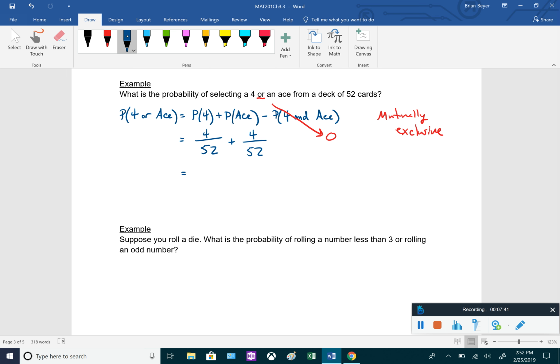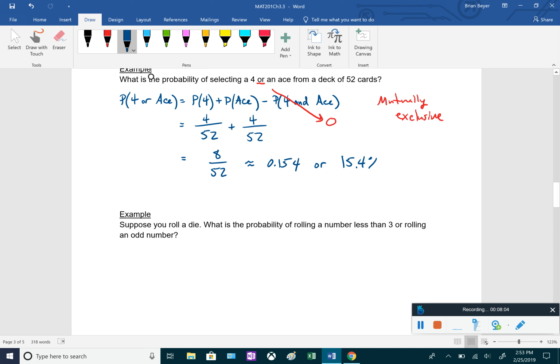Adding 4 over 52 plus 4 over 52, that's 8 over 52, which is about 0.154, or 15.4%. So the probability of selecting either a 4 or an ace is 15.4%.